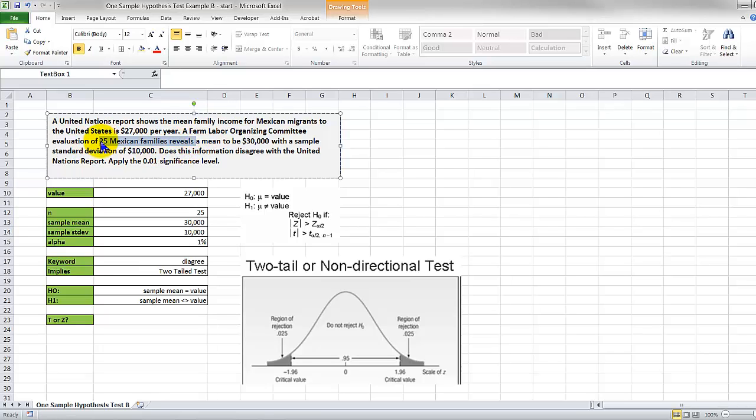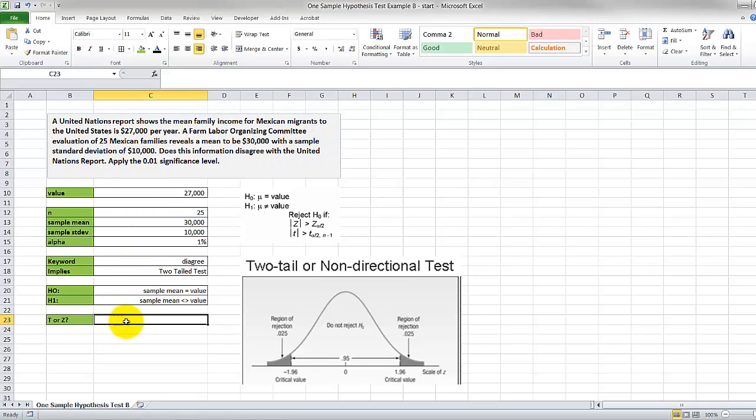If it's a sample and we're not explicitly told that for the entire Mexican family population a certain standard deviation is occurring, we have to assume that this is a t, since we're not explicitly told that this standard deviation is coming from the population. It in fact says sample standard deviation.